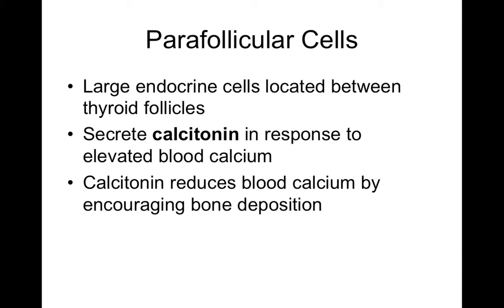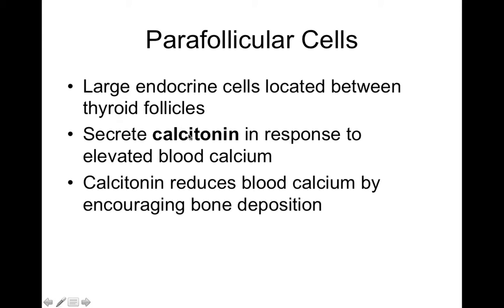So calcitonin stimulates osteoblast activity. Osteoblasts will take calcium out of your bloodstream, put it into your bones, thereby lowering your blood calcium levels. That's the role of calcitonin here. So it reduces blood calcium by encouraging bone growth or bone deposition.